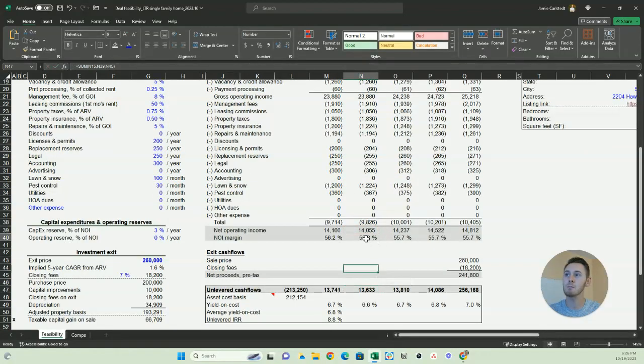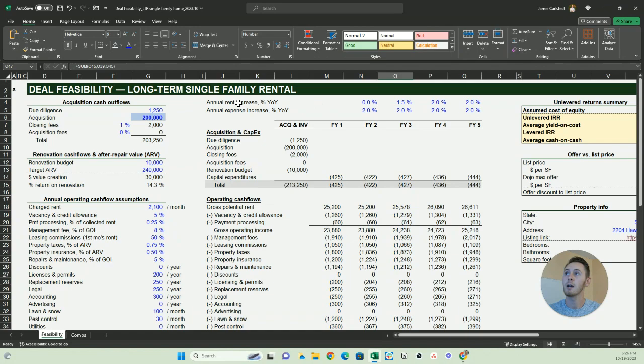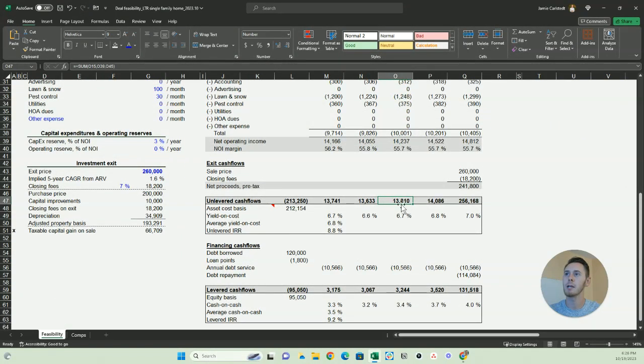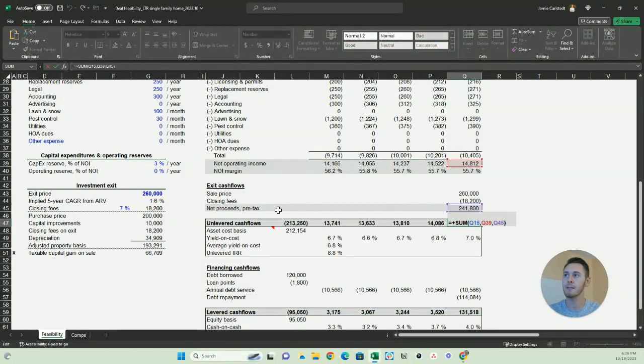So that's why this margin falls a little bit and why this unlevered cash flow falls a little bit. But then it jumps again as soon as we put in a little bit of rent increase, 1.5%. And then the exit, 256, is because it's including the net proceeds. So those are the cash flows for the deal.